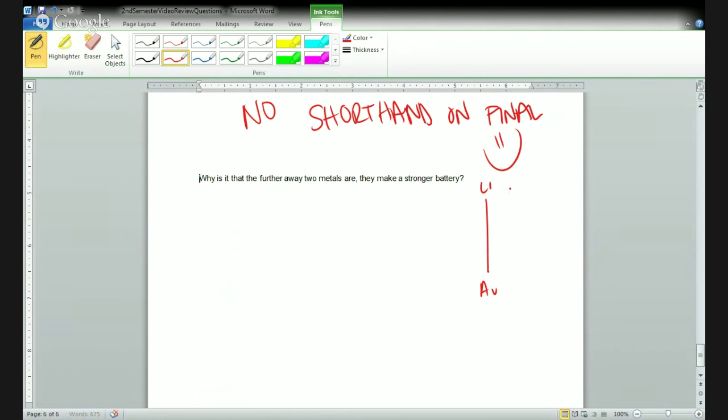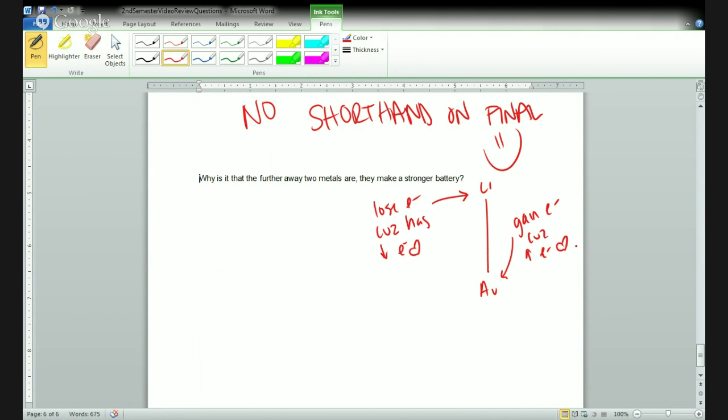So lithium is at the top, which means it's really reactive. So it wants to lose electrons because it has a low electron love. It's got a really low electronegativity. This Au really wants to gain electrons because he has a high electron love.